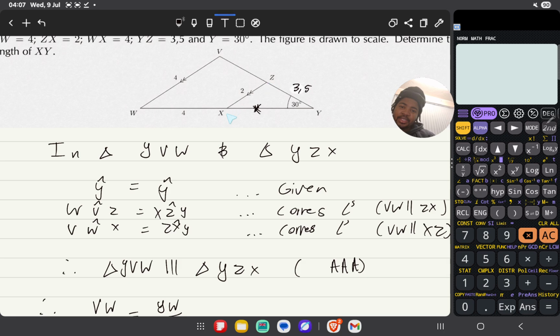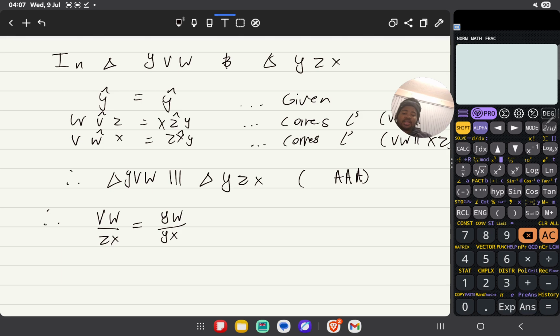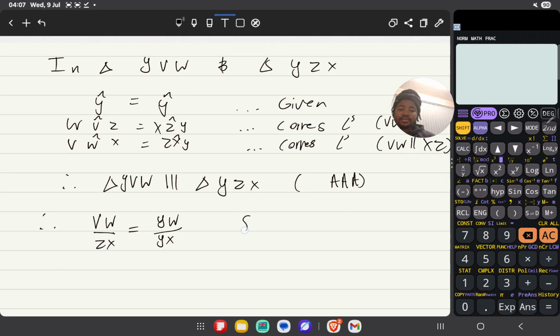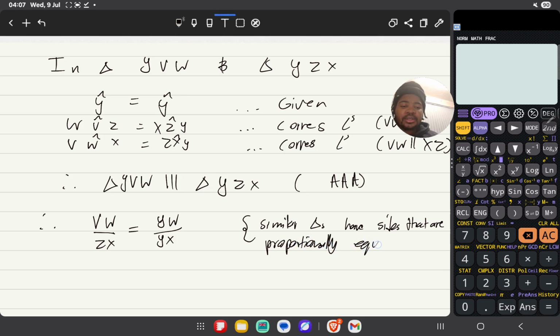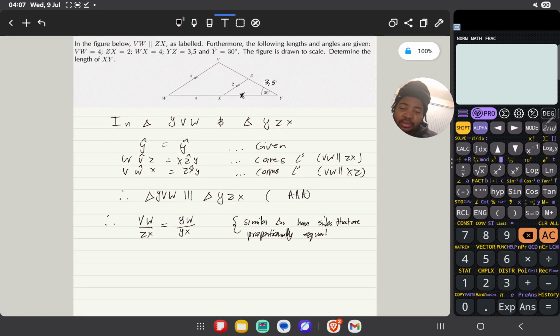It has to be the case, because similar triangles have sides that are proportionally equal. So the sides have to be proportionally equal.